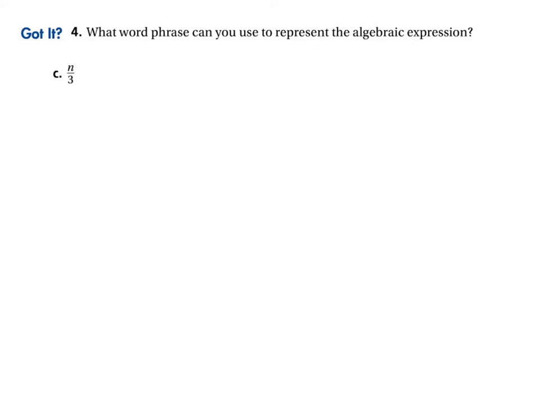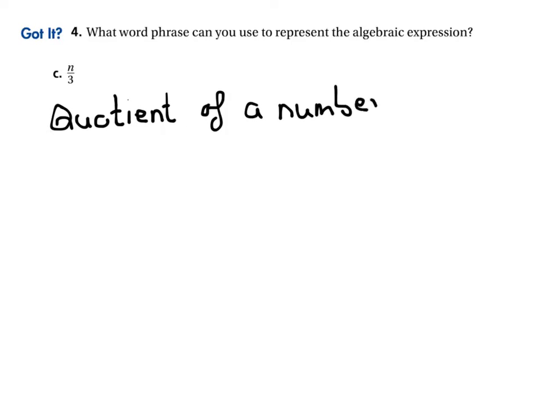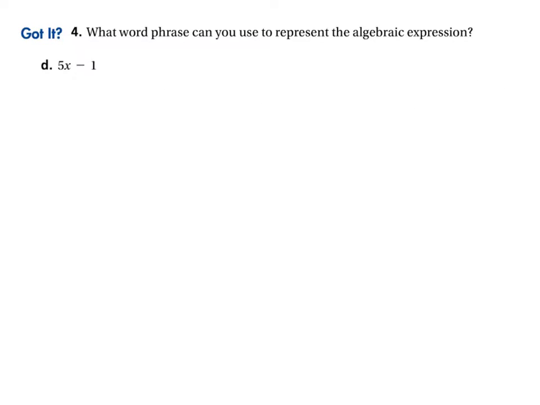What about this? It is a quotient of a number n and 3.